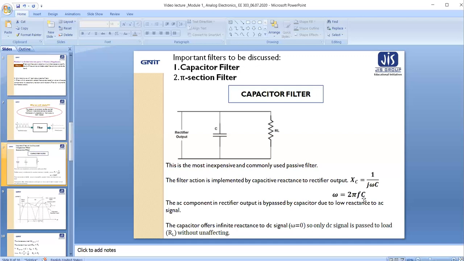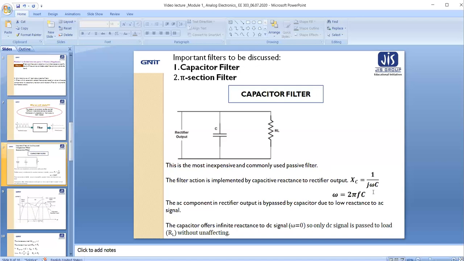Now, what will happen if the signal frequency is high? Then automatically the denominator gets higher and the Xc becomes lower. When the Xc becomes lower, the capacitor offers lower reactance, meaning lower opposition towards the signal. So the signal will easily pass through the capacitor without any blockade.